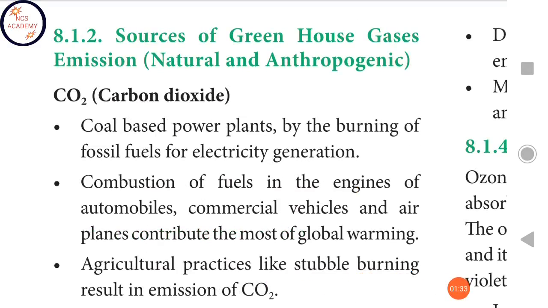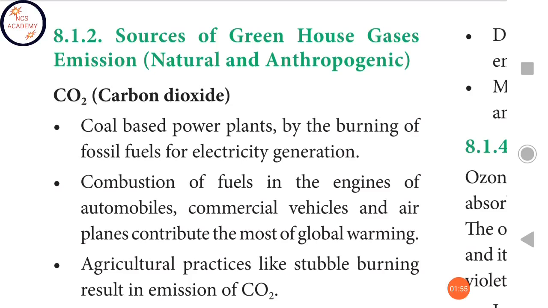Which gas is most abundant out of the four commonest greenhouse gases? Discuss the effect of this gas on the growth of plants. It is well known that carbon dioxide, CO2, is the commonest gas.